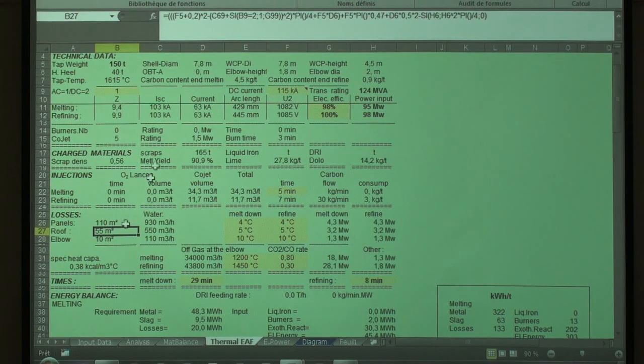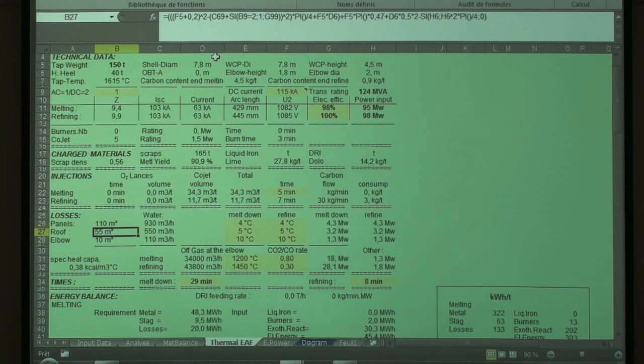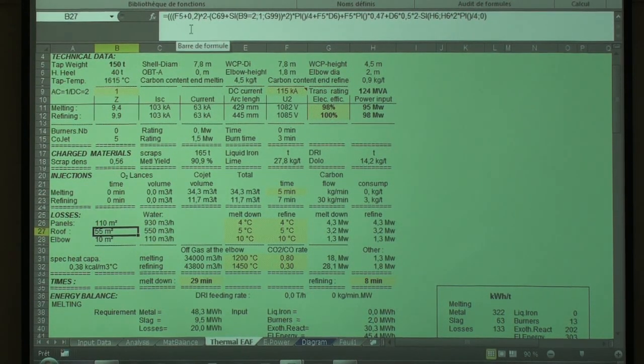So the roof surface, which is the roof itself minus the roof centerpiece, and I have a small formula to calculate the roof centerpiece itself. In case you have a DC or AC, it's different.